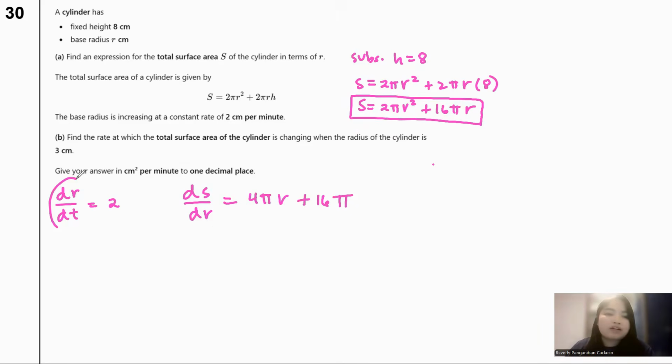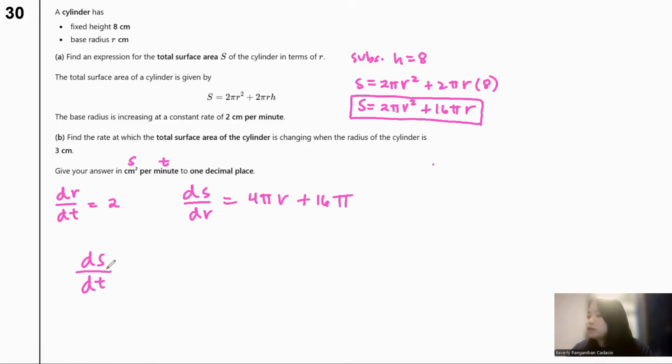Now, you have dr over dt, you have ds over dr. What you need to find is centimeters squared per minute. Centimeters squared means your S or your surface area. Minute means your t. So you're supposed to get ds over dt.